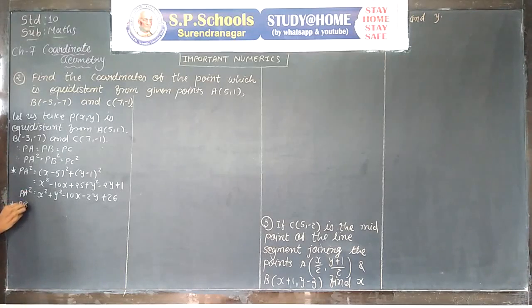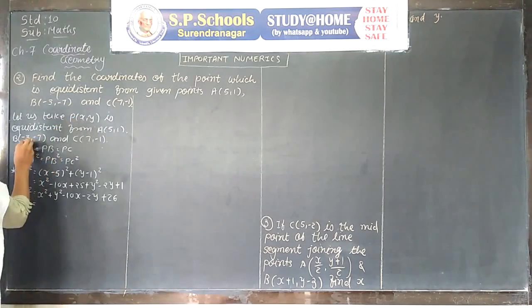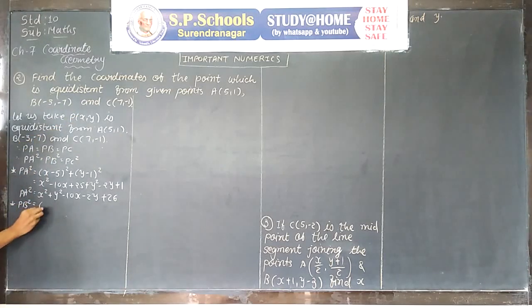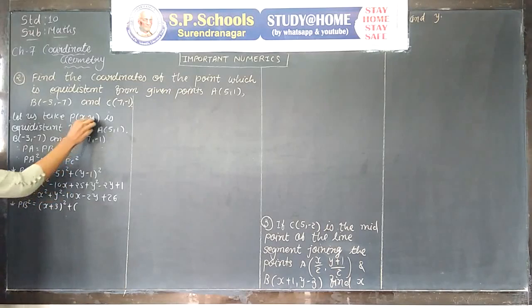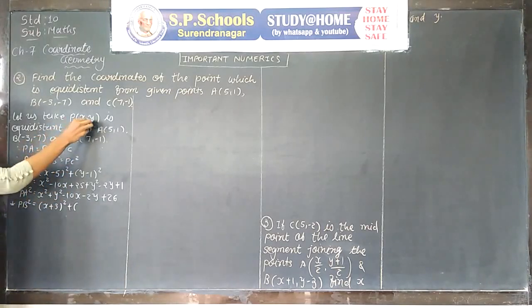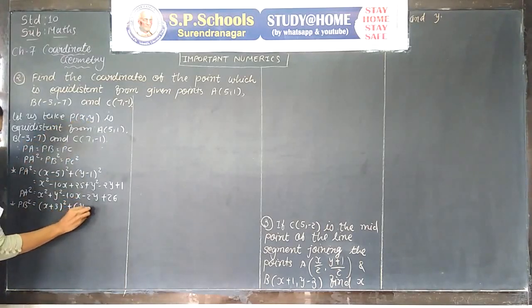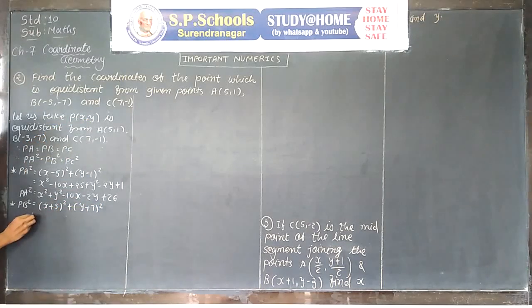Now PB square. To find PB square use P and B: (x minus (-3)), which means (x plus 3) whole square, plus (y minus (-7)), which means (y plus 7) whole square.